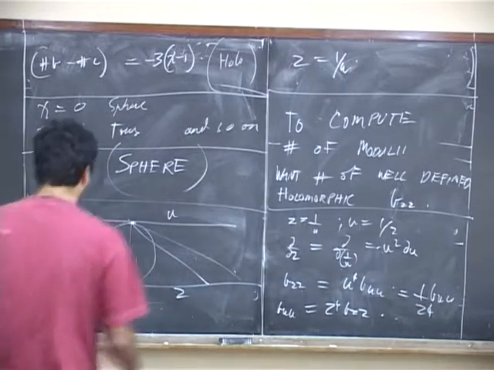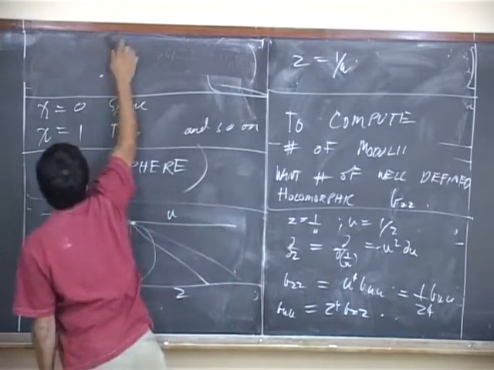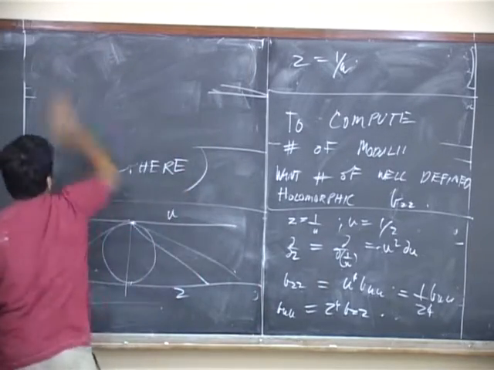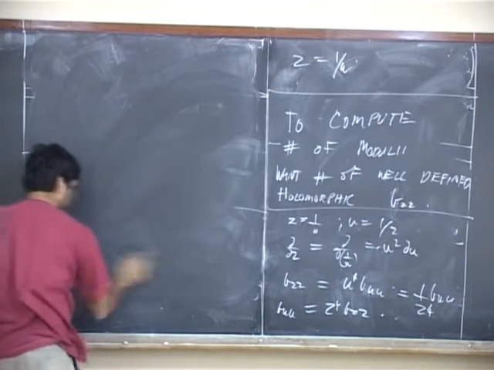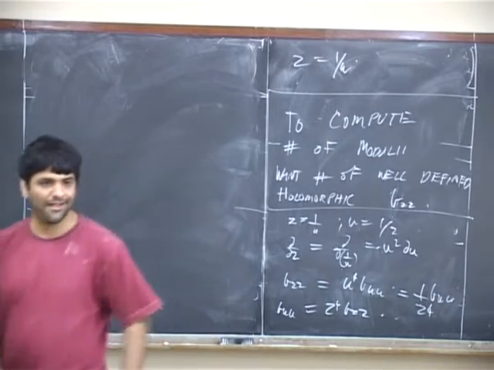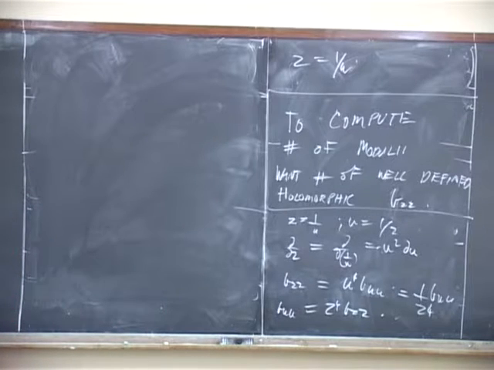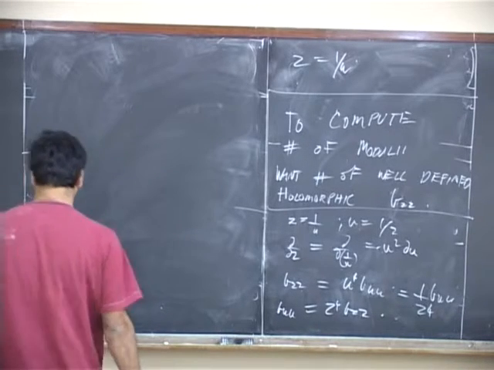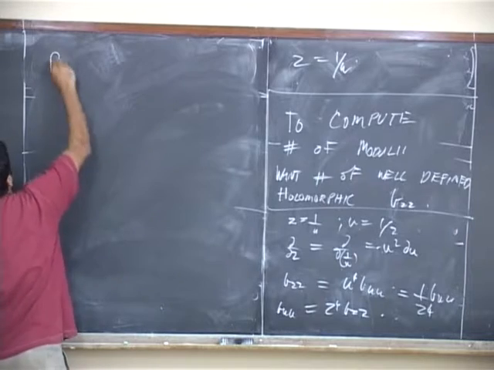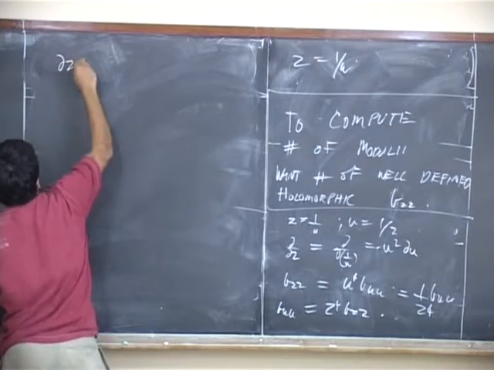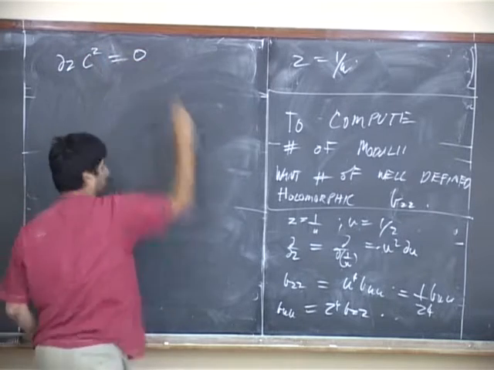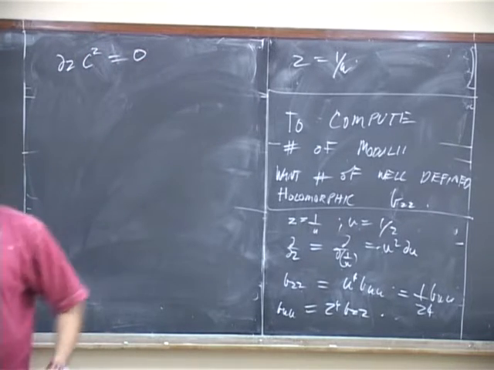Okay, now let's work out the number of zero modes of the operator P on the sphere. So suppose we look at the operator P, that's the number of vector fields, that is del z of C^z equals 0.